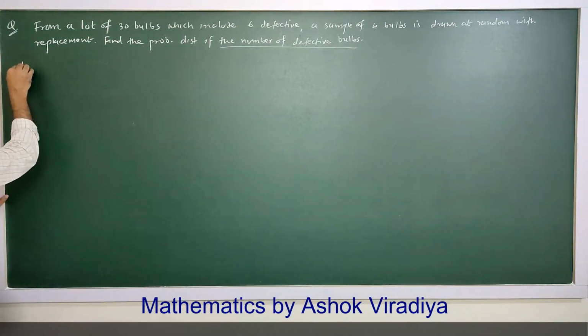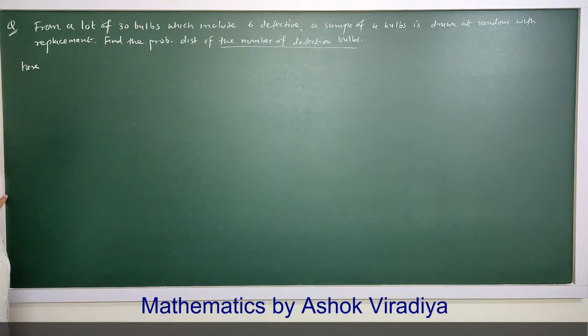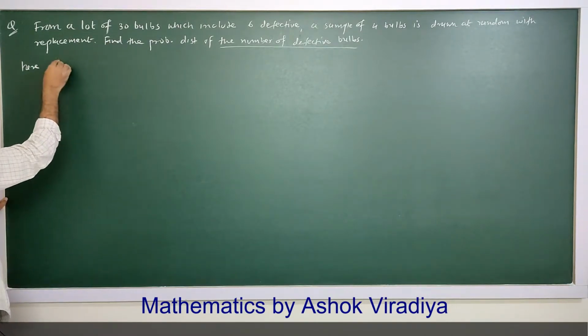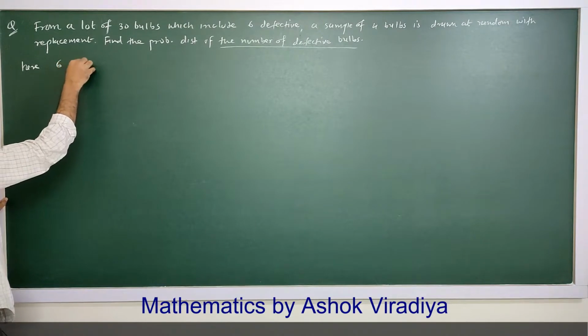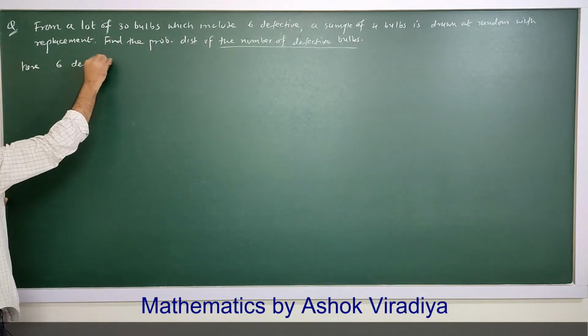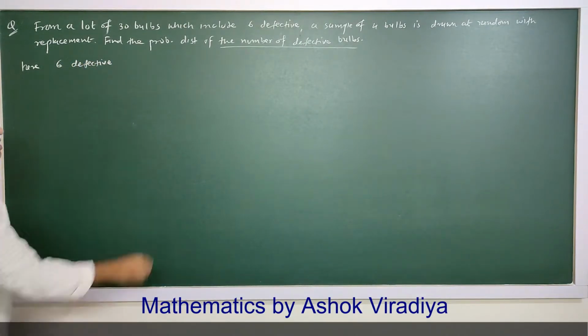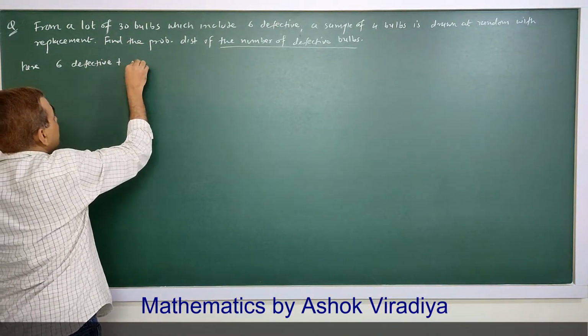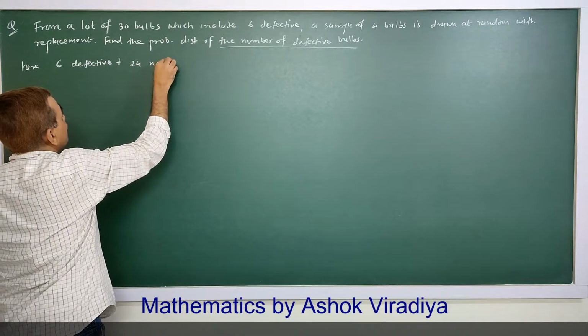So here, in a lot of 30 bulbs, 6 are defective. 6 defective bulbs and total 30 bulbs, that means 24 are non-defective.